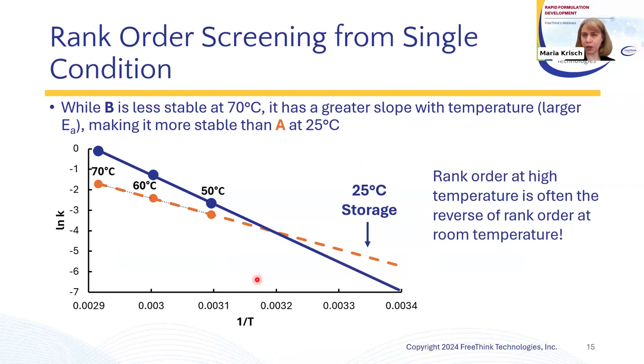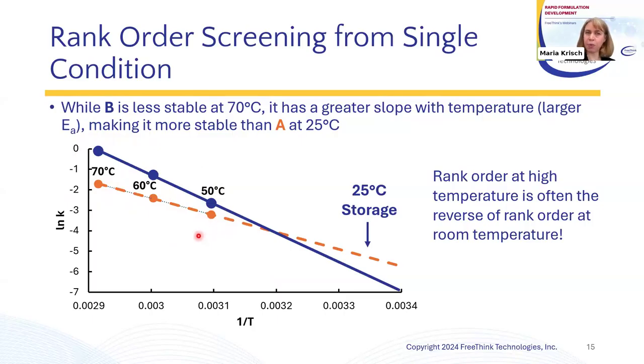What I have here is what's called an Arrhenius plot. This is the natural log of k versus 1 over T, and you would generally expect linear behavior for kinetics. So we see some lines. We have both of these formulations tested at 70, 60, and 50. Formulation B has higher amounts of degradation at every tested point. Formulation A continues to have lower degradation at 70, 60, and 50.